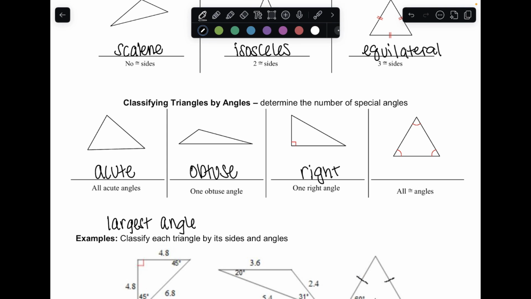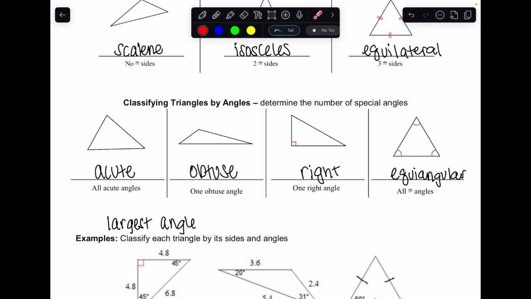So really what we're asking ourselves is, is our largest angle acute, obtuse, right, or do we have all congruent angles? Equiangular is what we call that. Same equi prefix, and then angular for angles. So that's for all 3 congruent angles.